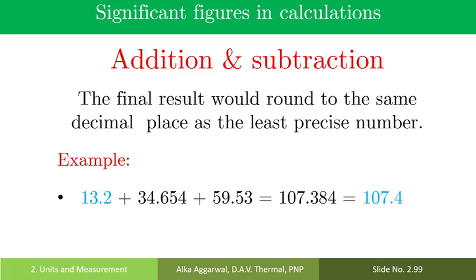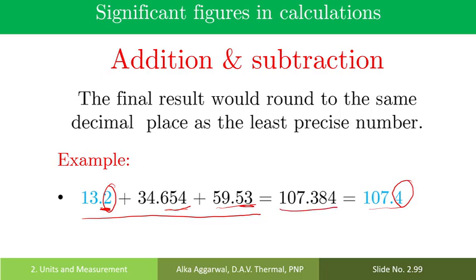For example, when we add 13.2, 34.654, 59.53, the result is 107.4. The number of digits after the decimal in this reading is 1, in this reading 3, in this reading 2. The minimum number of decimal places in these values is 1. So the result also contains only one decimal place.